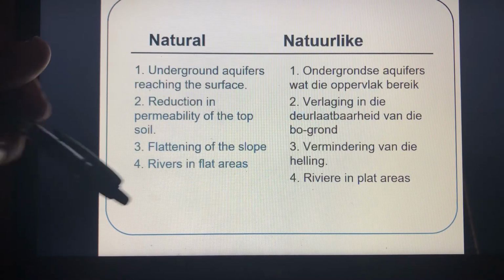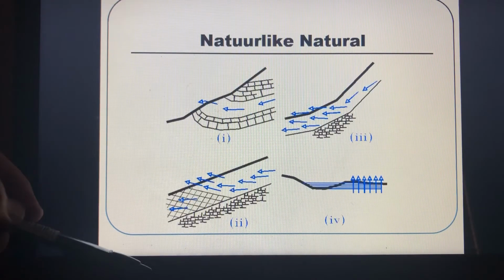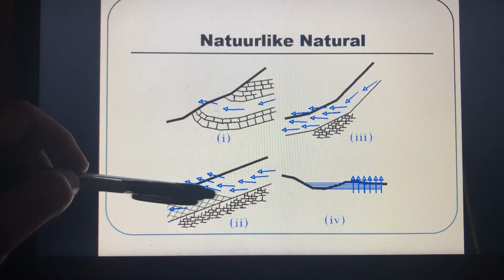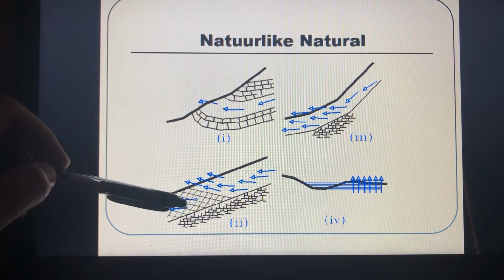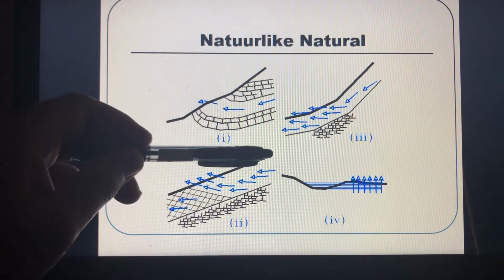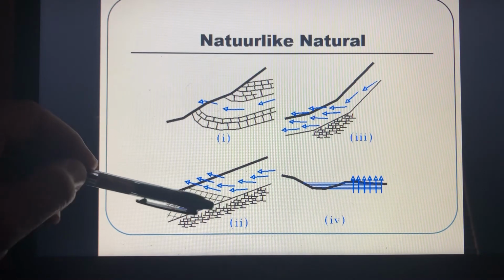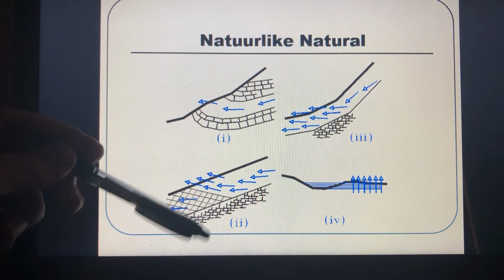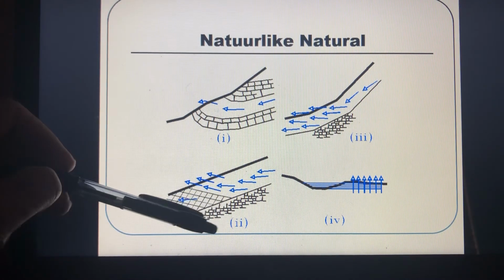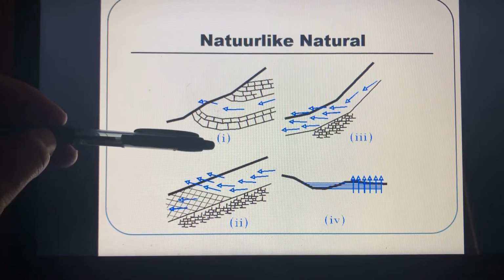Secondly, is permeability of the topsoil. So you've got two kinds of soils. You've got a very permeable soil, and then you've got an impermeable soil at the bottom. And so this water hits this impermeable layer, and it is unable to go down into the impermeable soil, and therefore it rises to the top again.